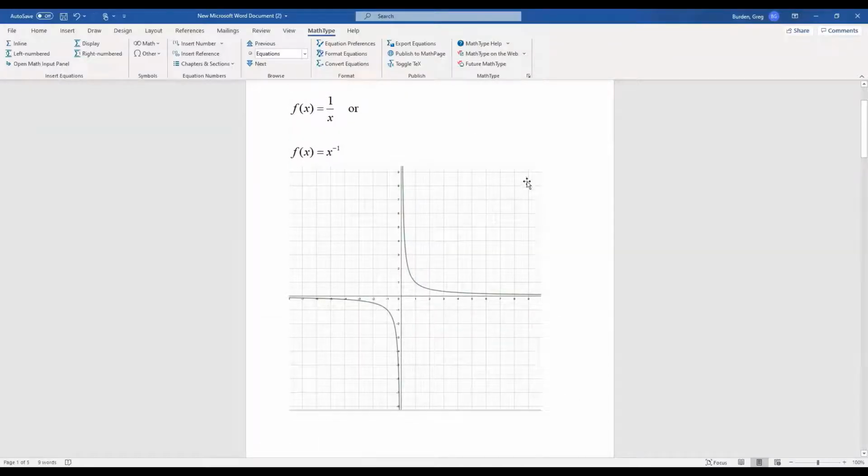Oh, I should also mention that this is obviously an invertible function because it's 1-to-1. It's a function because it would pass the vertical line test. It's also a 1-to-1 invertible function because it would pass the horizontal line test.